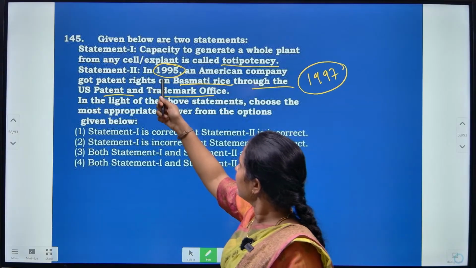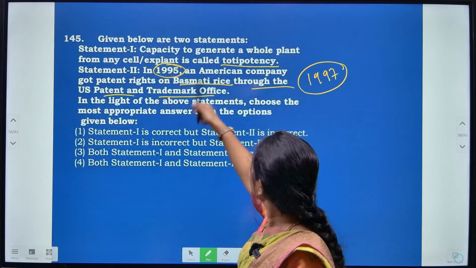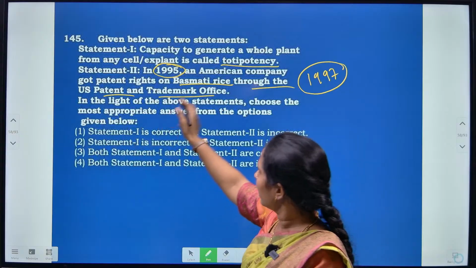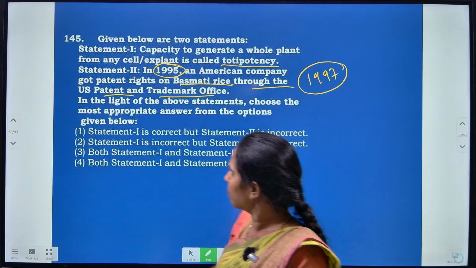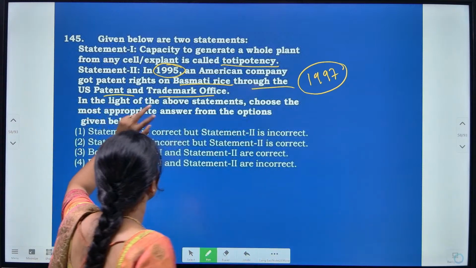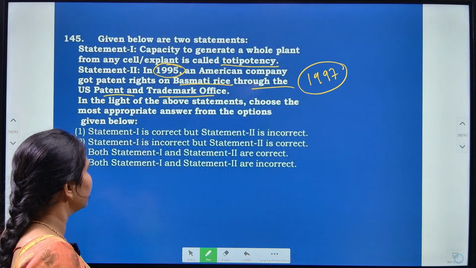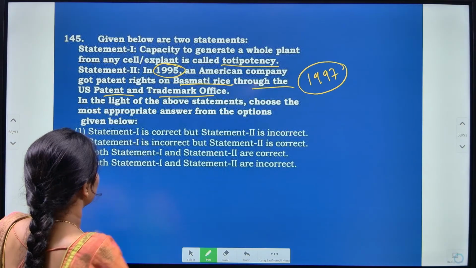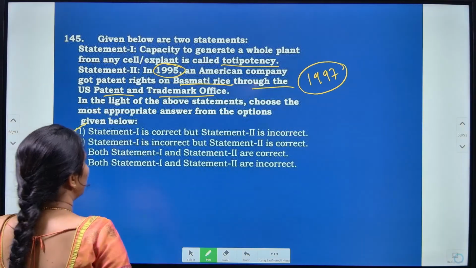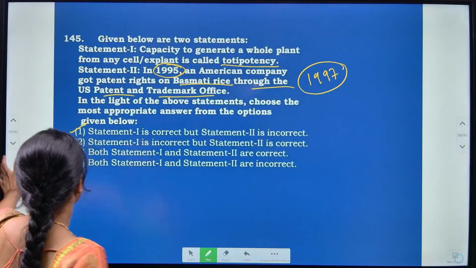In the year 1997, an American company got the patent on basmati rice through the US Patent and Trademark Office. So option 1, that is statement 1 is true and statement 2 is incorrect here. Statement 1 is correct and statement 2 is incorrect.